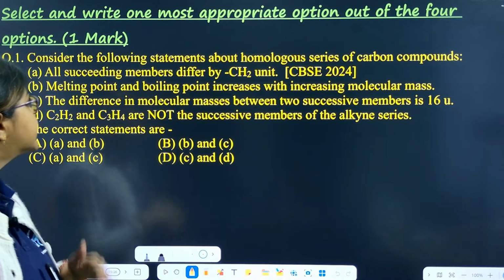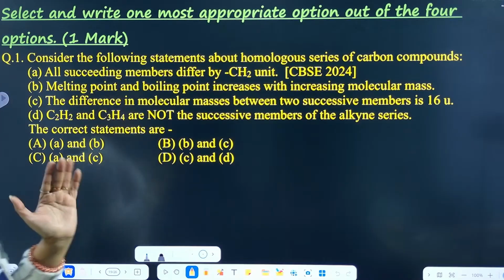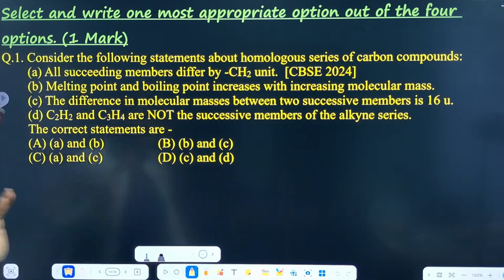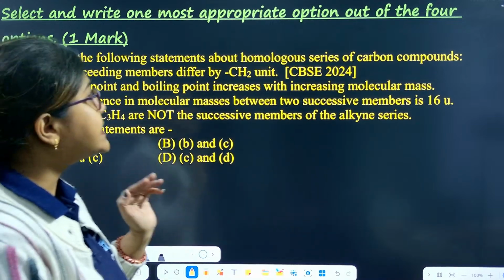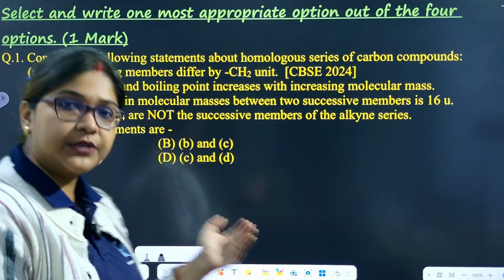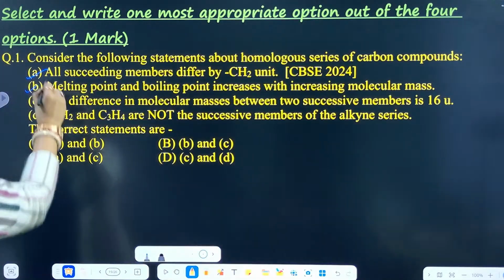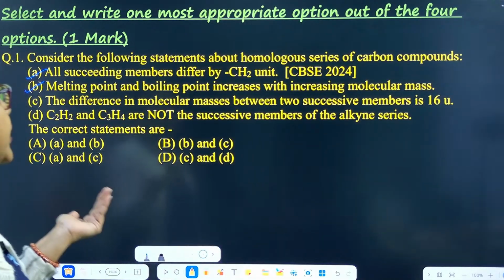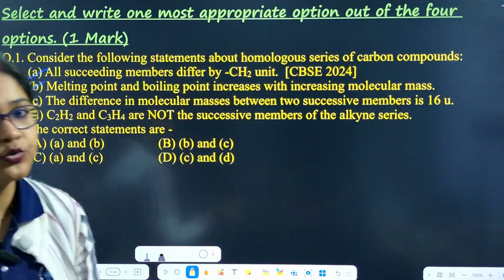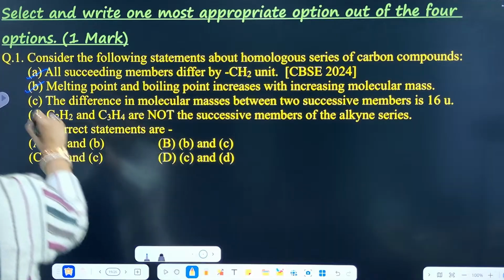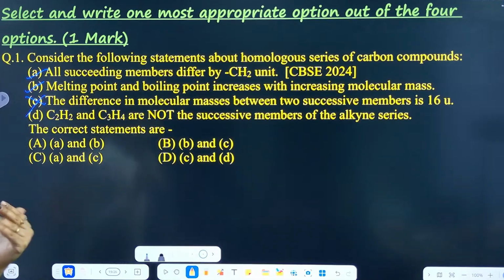All succeeding members differ by CH2 unit. This is true. Melting point and boiling point increases with increasing molecular mass. This is also true. The difference in molecular masses between two successive members is 16u. Is it true? I don't think so. This is not true.